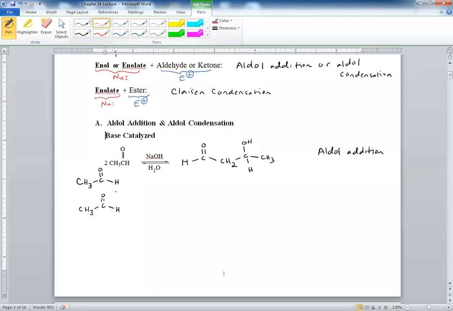Supposedly you have to remember which one is your alpha in this case. So supposedly this was the alpha. We're going to show you the mechanism, like I said, on the next page. So this would be the alpha right here. Now, the next carbon, remember, is the beta.